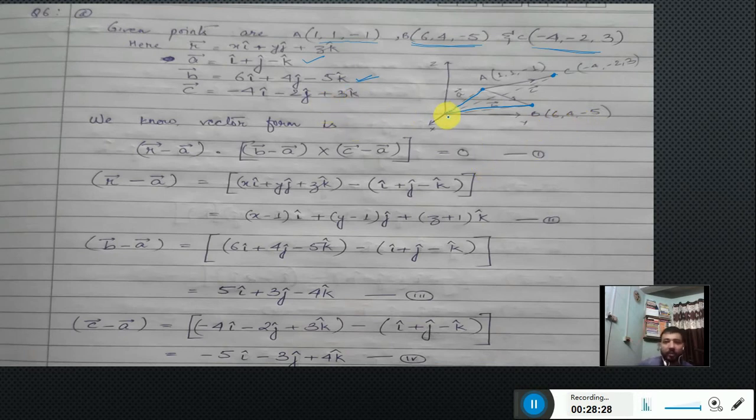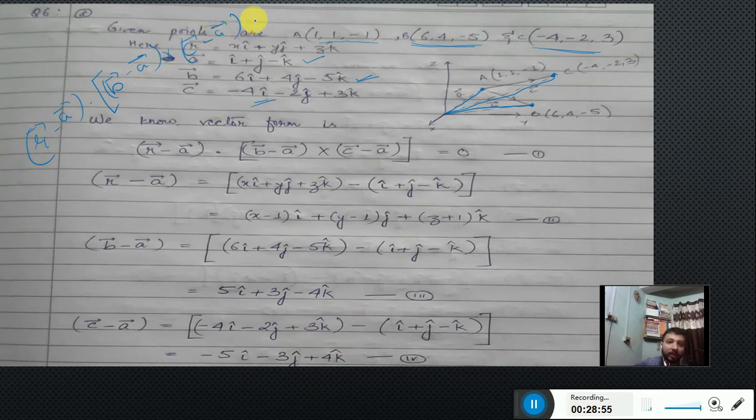Now the position vector of C is this, the point, you can see. Now we know the equation of a plane passing through 3 points is (r vector minus a vector) dot (b vector minus a vector) cross (c vector minus a vector).